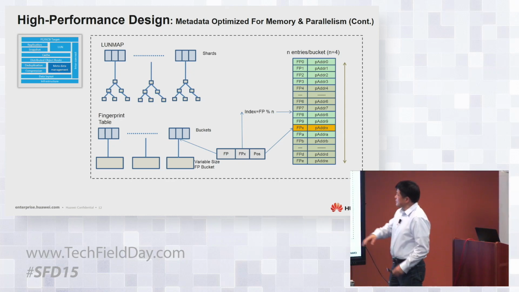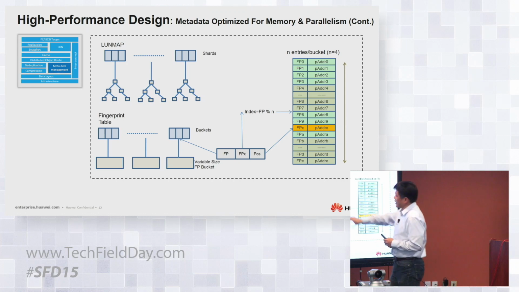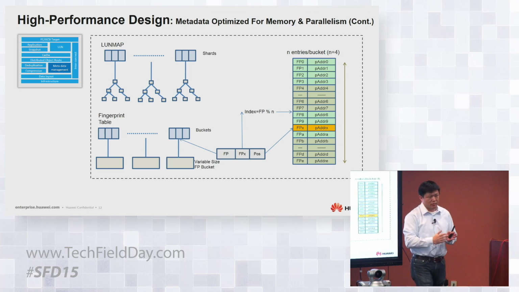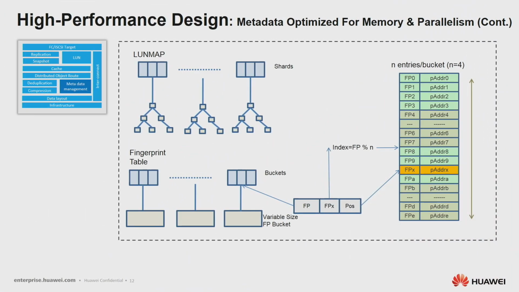In line with this, we also optimize for parallelism. We're partitioning the namespace map into many shards so that they are not interfering with each other. And you're partitioning them into shards because they're all running on the same engine, right?